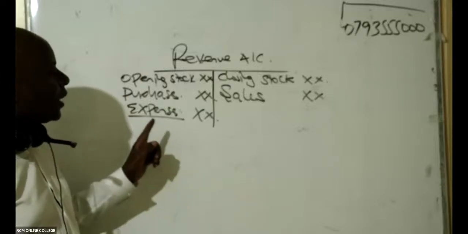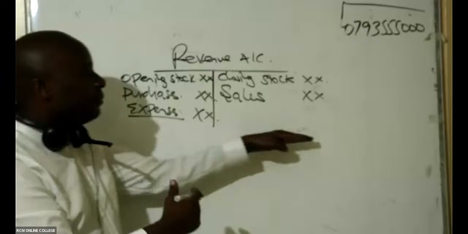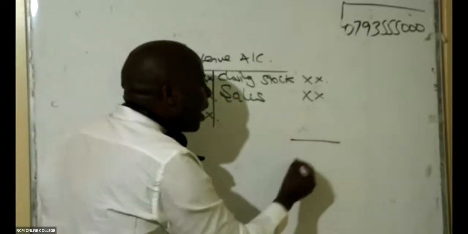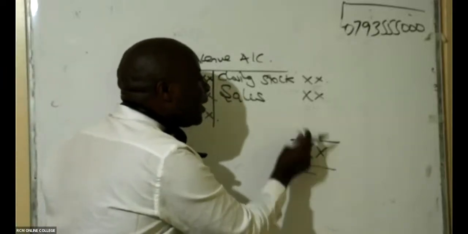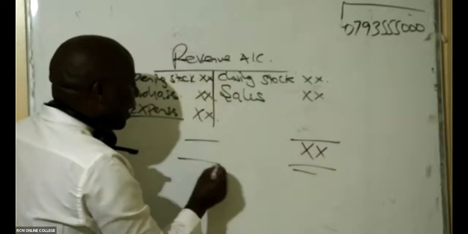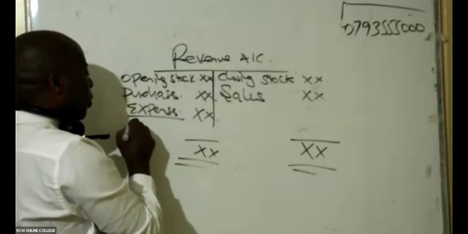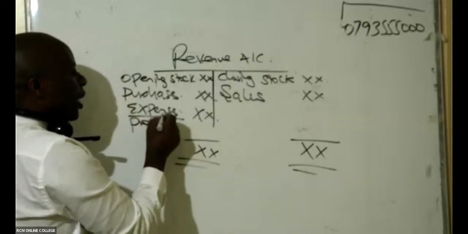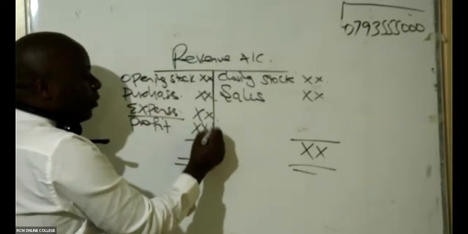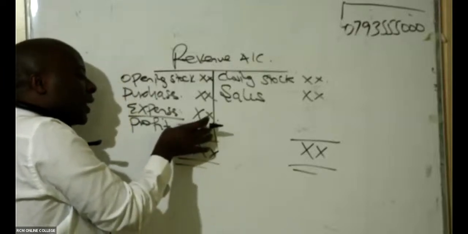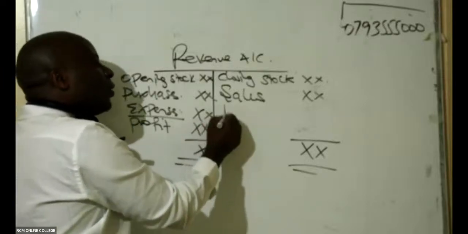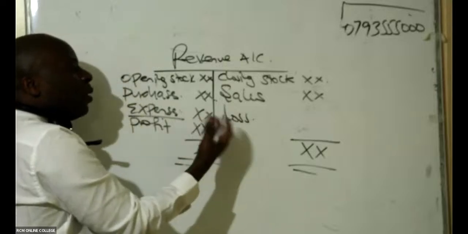If this side is bigger, then we're going to have this side total coming here. And if it is this side of revenues that is more, then you're going to have a profit here. And of course, if it is this side which is bigger, then on the other side, we're going to have a loss from our biological assets.